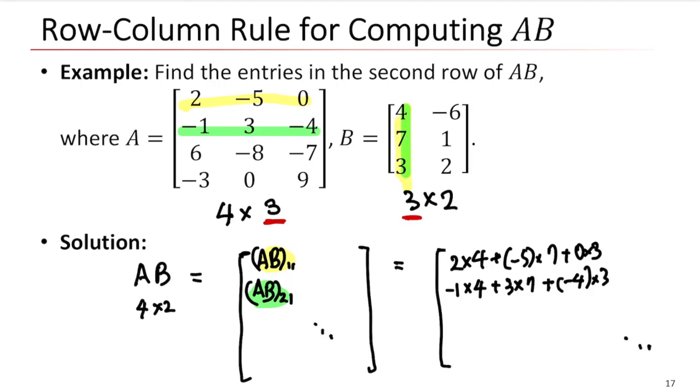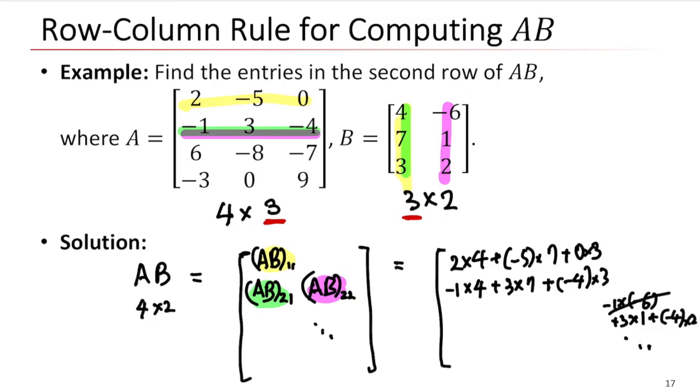What about the second entry in the second row of AB? This should be this row times this column, right? So what is that? Negative 1 times negative 6 plus 3 times 1 plus negative 4 times 2.